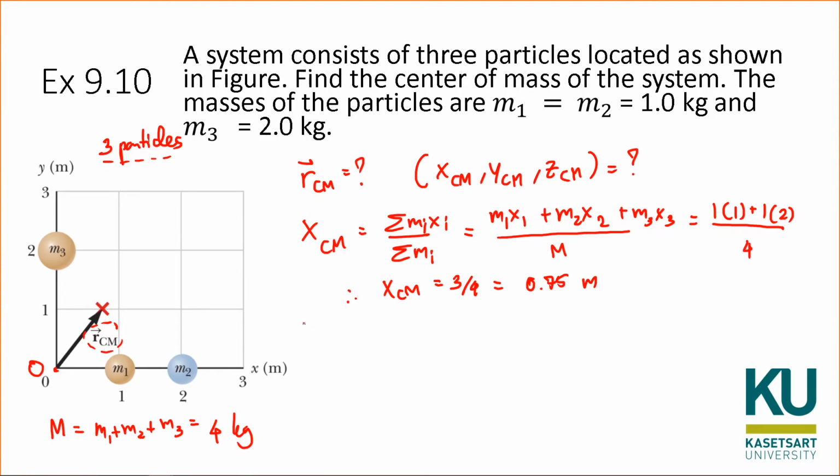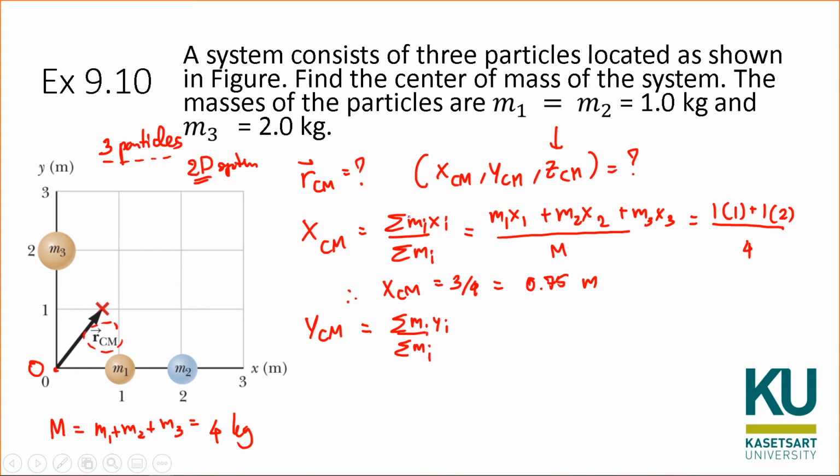To find YCM, in this case you don't have any ZCM, right? Because we look only at two dimensions. This is a 2D system. So YCM also comes from the same relation.